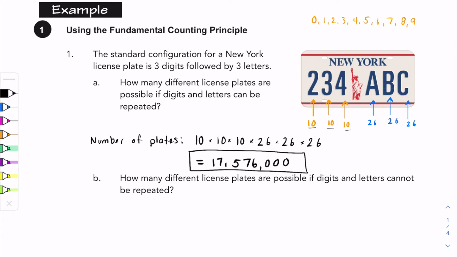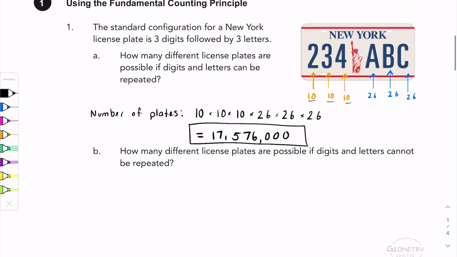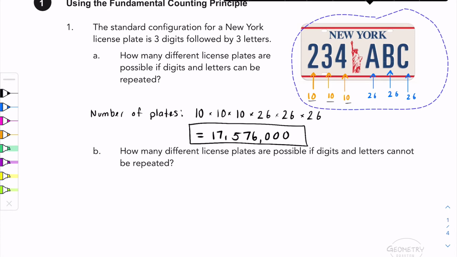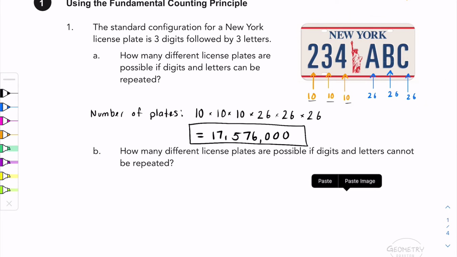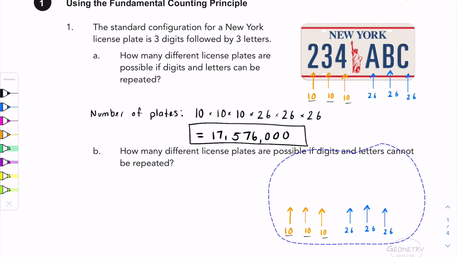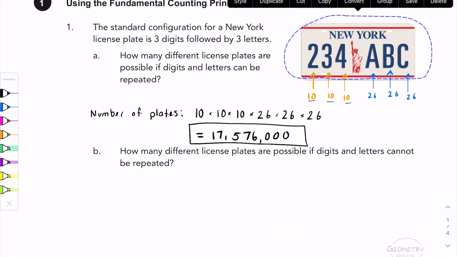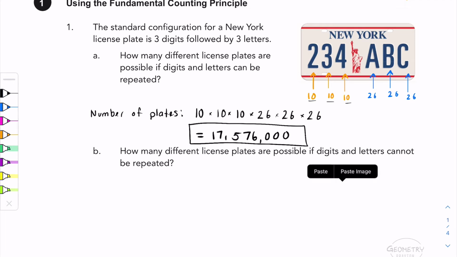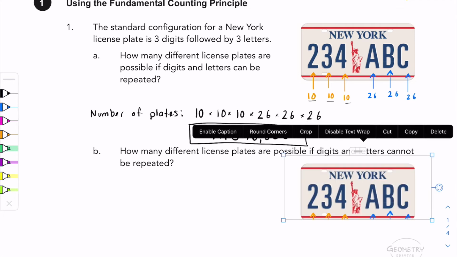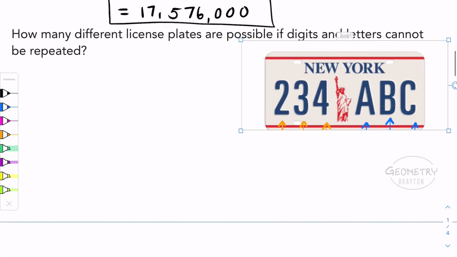For part B, it says how many different license plates are possible if digits and letters cannot be repeated? Okay, so let's take a look at the license plate again. If letters and digits cannot be repeated, then let's start with the first place.